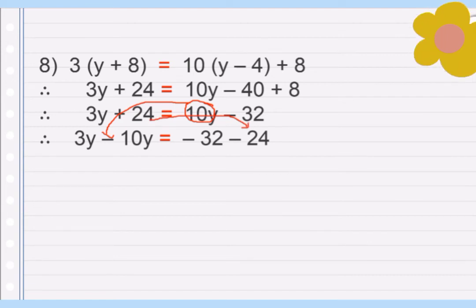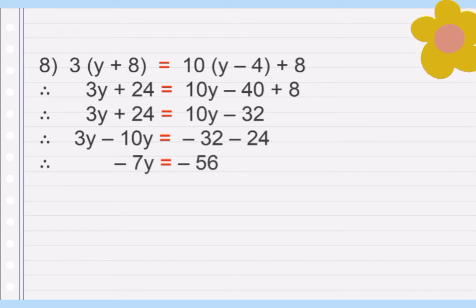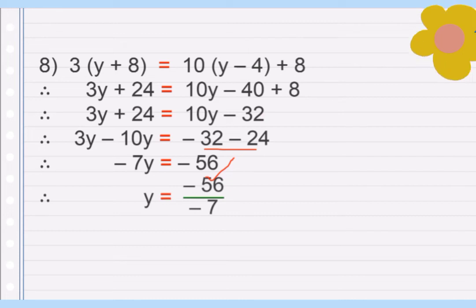So 3y minus 10y is minus 7y, equal to minus 32 minus 24, which becomes minus 56. Here we do addition and keep the greater number's sign, minus. So minus minus, plus 56 upon 7. The minus minus signs get cancelled. 7 ones are 7, 7 8s are 56. Is that clear? So here the value of y is 8.